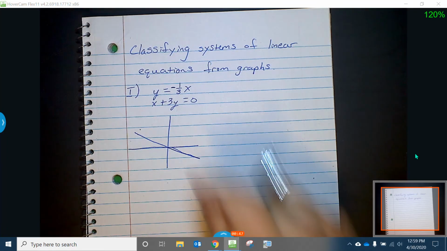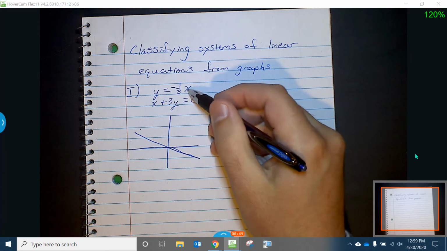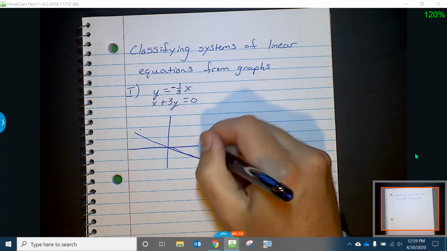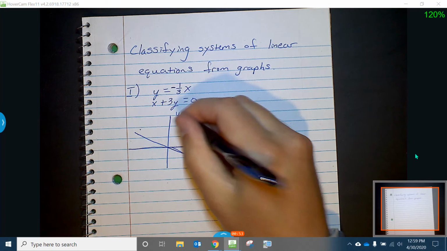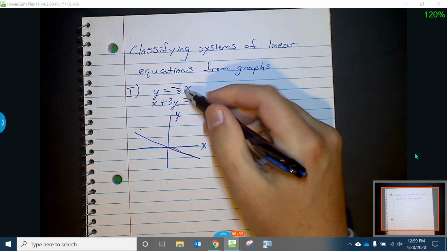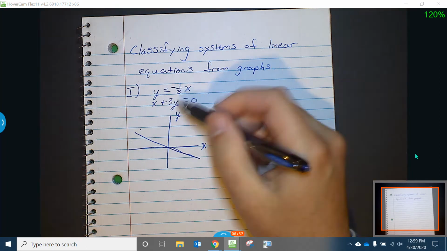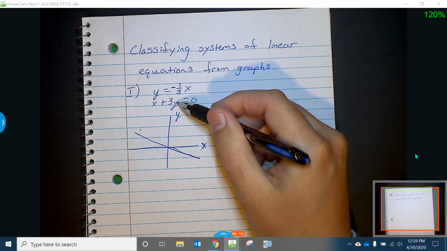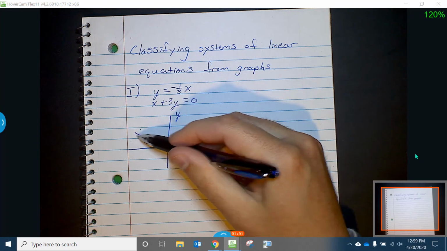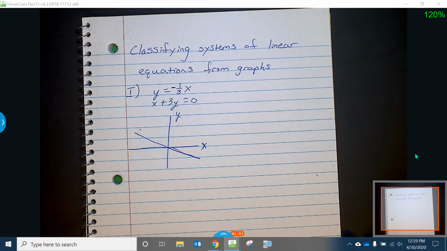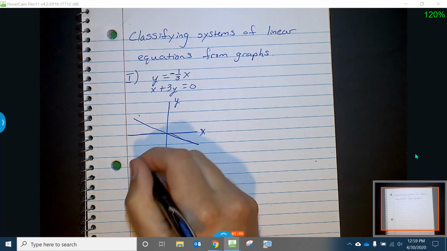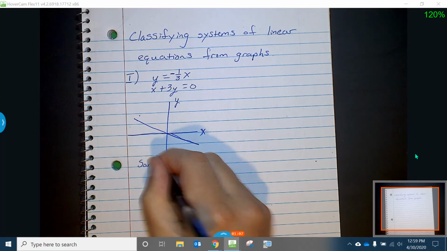What happens is there's supposed to be two graphs here, two lines here. But if you solve this for y, which you don't have to do, it gives you the same line. So I kind of say for my notes here that they're the same line.